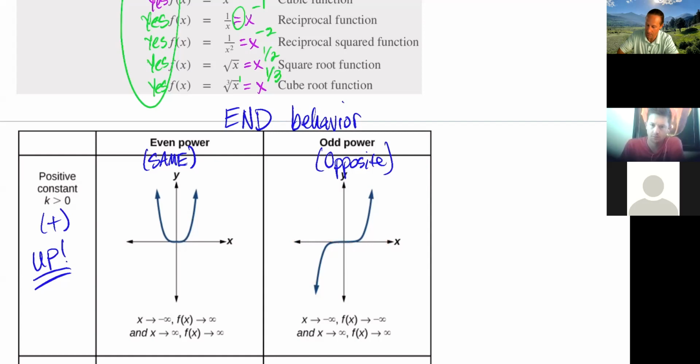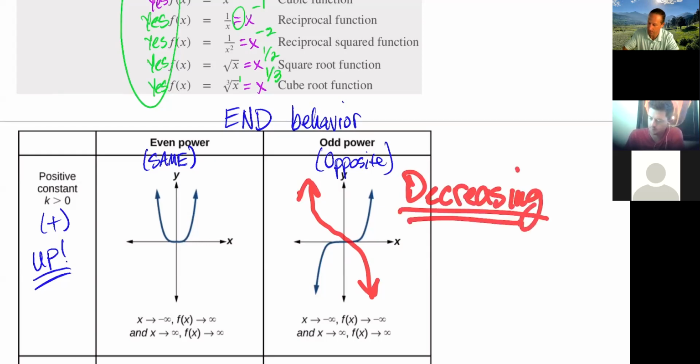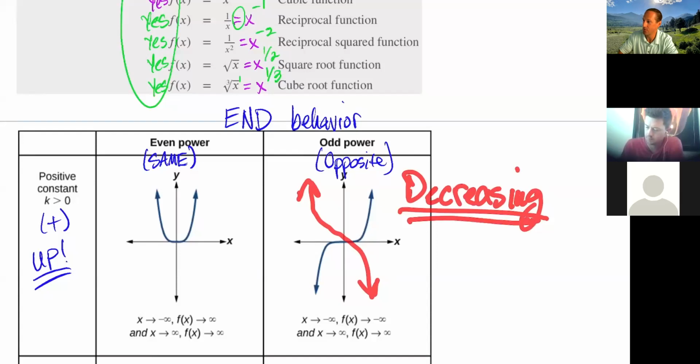Which we call a what kind of function? Reciprocal, careful, inverse, getting warmer. A decreasing function.